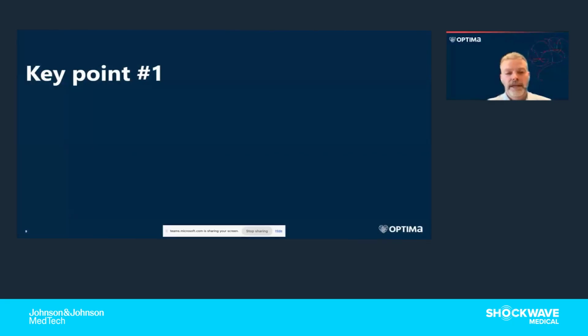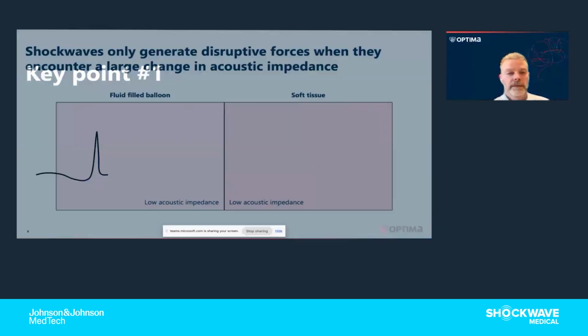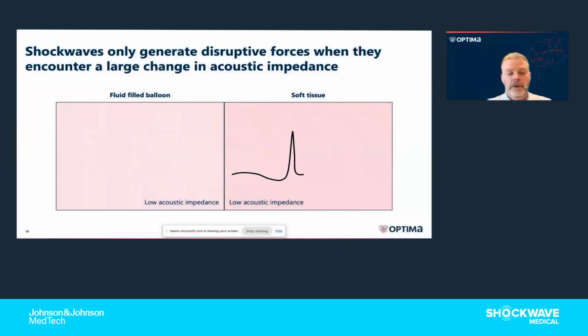So we're going to divide this into 3 key points for you to remember and to apply in your clinical practice. Key point number 1 is that shockwaves only generate disruptive forces when they encounter a large change in acoustic impedance. So if the shockwave is traveling from a fluid-filled balloon across soft tissue, there is no disruptive force generated.